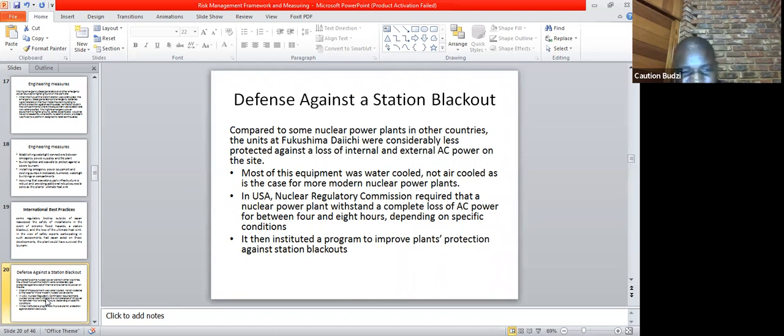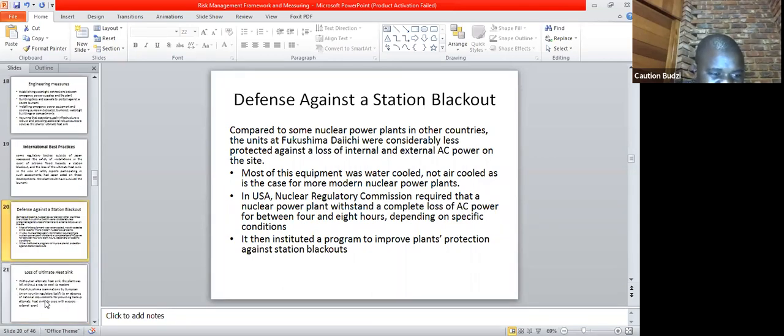There is a program instituted by the Nuclear Regulatory Commission of the United States. So the Japanese regulatory authority should also have considered this protection program implemented by other countries.